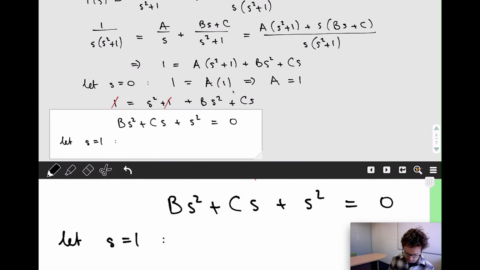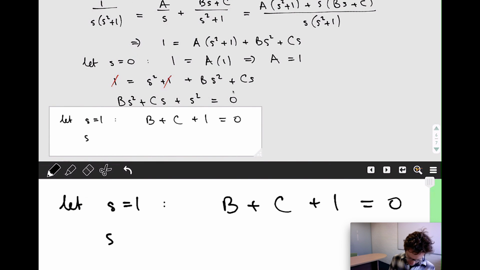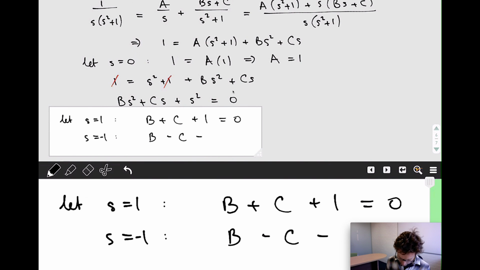Let's try s is equal to 1. There's no particular reason I'm choosing that value. It's just a simple value. So B times 1 squared plus C times 1 plus 1 is equal to 0. That's my first equation. Let's try s is equal to minus 1. I've got B times minus 1 squared plus C times minus 1 plus 1 is equal to 0.